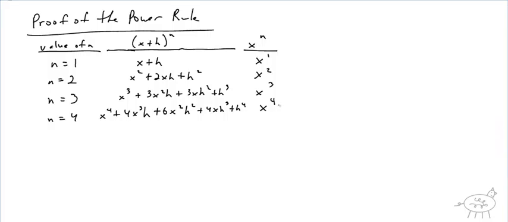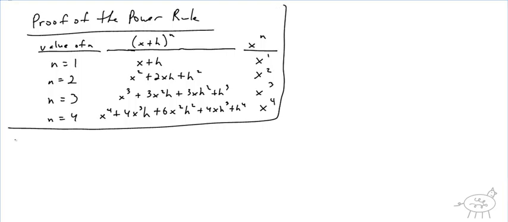All right, it's a little crunchy in here, but I want to take a look at when n equals 4. So I want to say my function is f of x equals x to the 4th, and I want to take the limit of that, or find the derivative of that, okay?